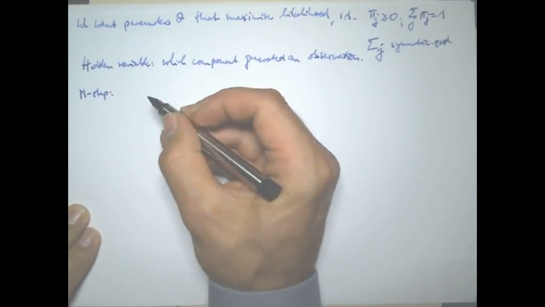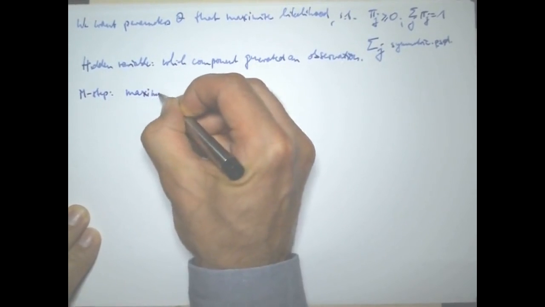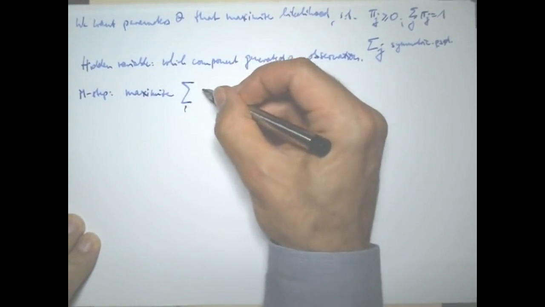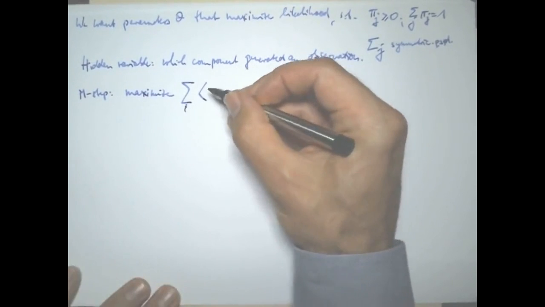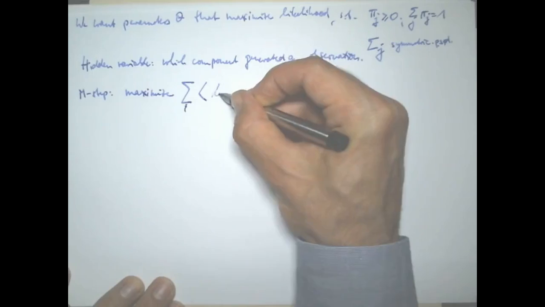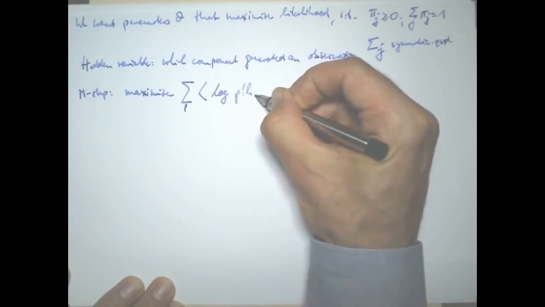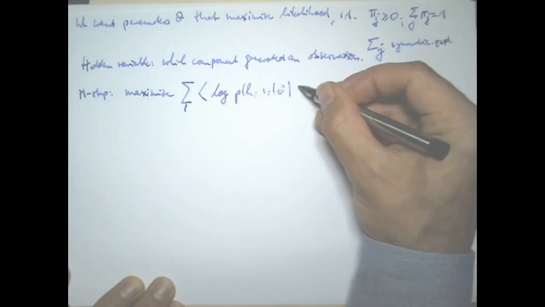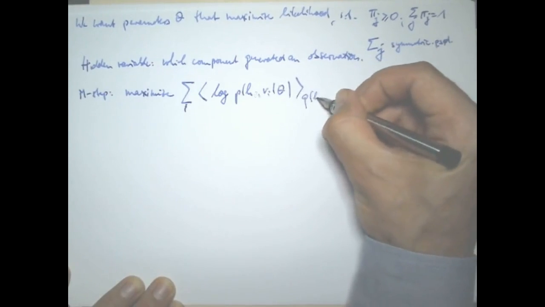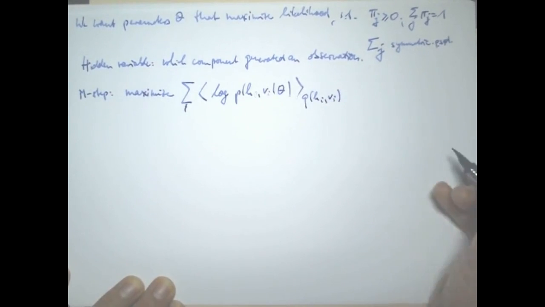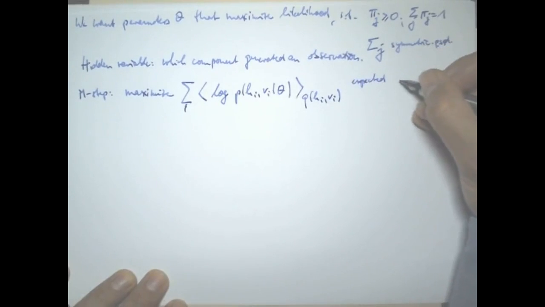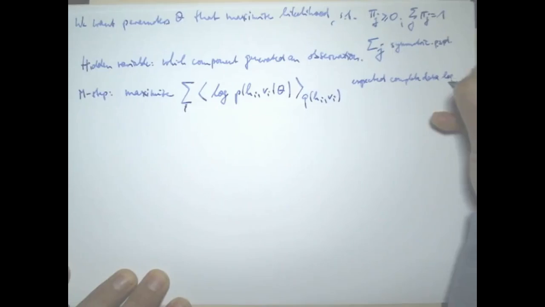So in the M step, we want to maximize the following sum, which I previously also called energy term. This is our expected complete data log likelihood.